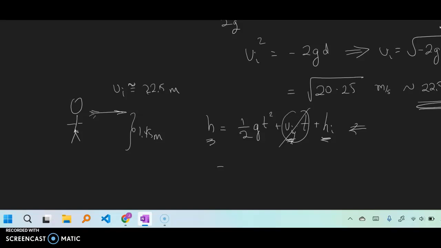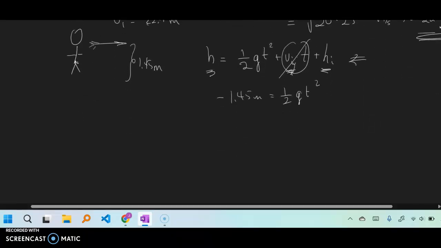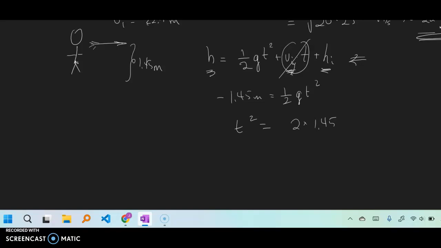So I'll get minus 1.45 meters equals minus a half g t squared. From this, I should be able to figure out the time. 2 times 1.45 is 2.9, so t squared is 2 times 1.45 over 10, under the square root, so 0.29, seconds.